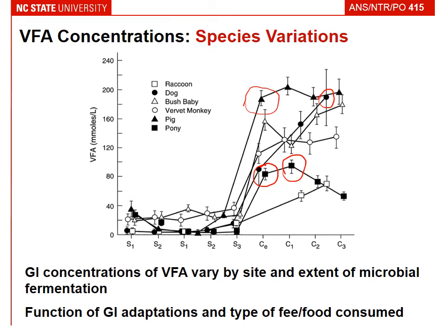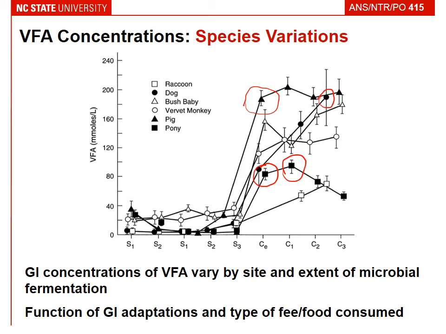So here we have a graph showing the variation of volatile fatty acid production in different animals. If you notice, these are all either simple stomach monogastric animals or they are hindgut fermenters. Ruminants are not included in this particular study. On the x-axis, we have different sections of the GI tract.